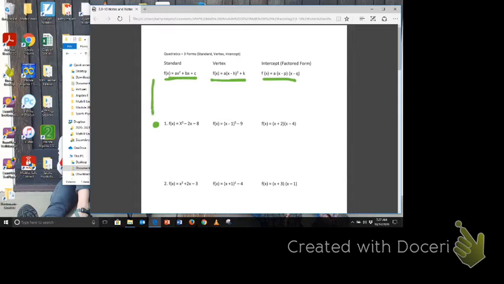This is standard form. This is the same equation, but now this is the vertex form of it. And this is the same equation, but this is factored form.